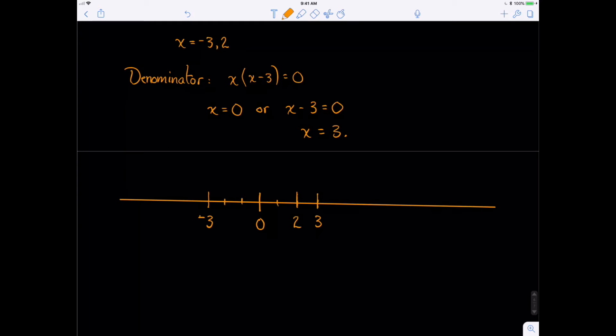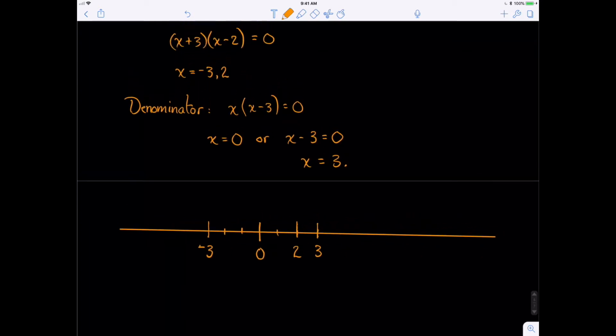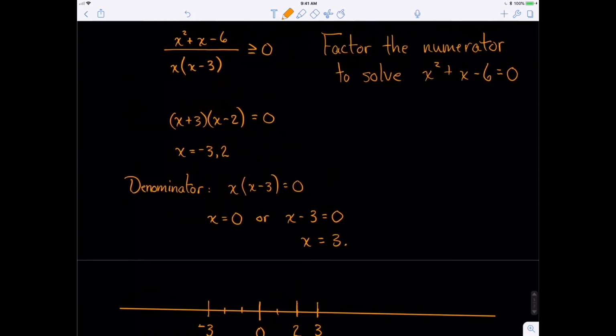Now let's take a look at what these represented. The problem says, when is all of this greater than or equal to 0? So in other words, the numerator can be 0. So the solutions that came when the numerator was 0, those are okay. So we're going to use dots there.